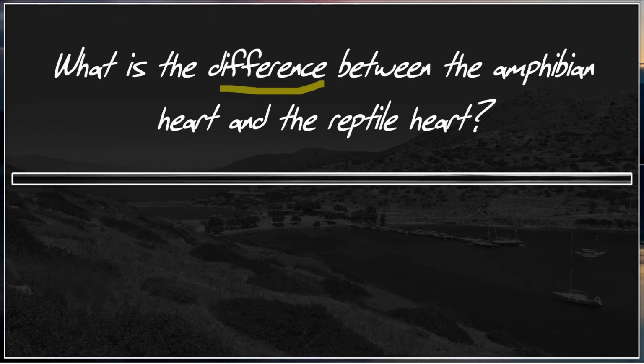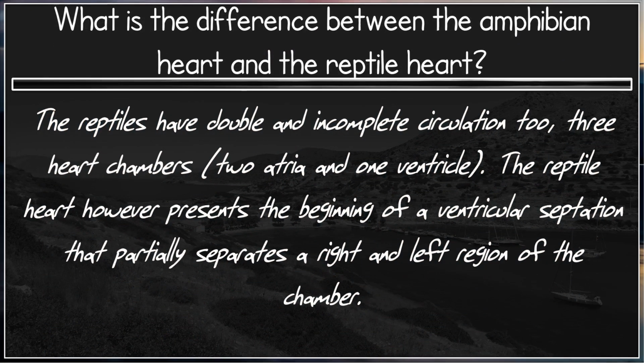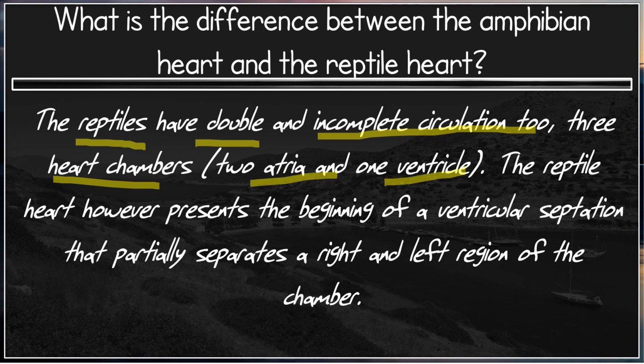What is the difference between amphibian heart and reptile heart? Reptiles have a double and incomplete circulation too, with 3 heart chambers, 2 atria and 1 ventricle.